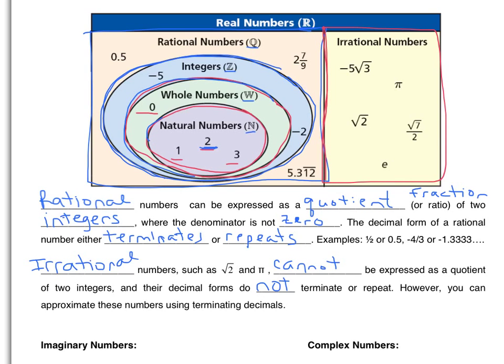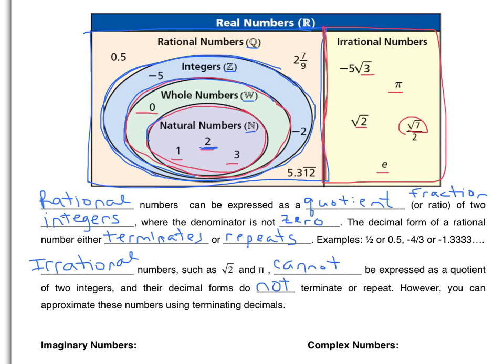Irrational includes things like pi, because it does not repeat. E, because 2.7 does not repeat either. And if I have the square root of one of these prime numbers, I can't really have an exact value, so that doesn't repeat either. And if I have a fraction with the square root of a prime number, I am also going to have an irrational number.